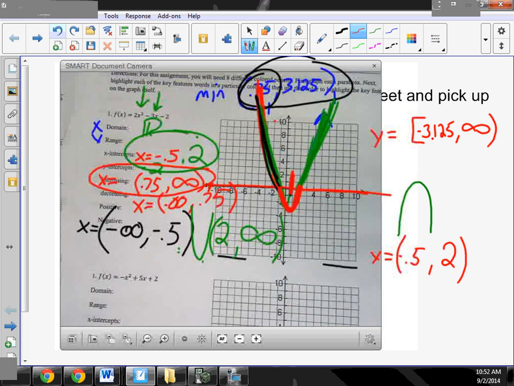Well, everything we're going to do today will be union. In fact, I don't know that we're going to do intersection ever. It'll always be union. Union means one group, everything in one group and everything in the other. Intersection would mean only those things that this group and this group have in common. But these don't have anything in common.